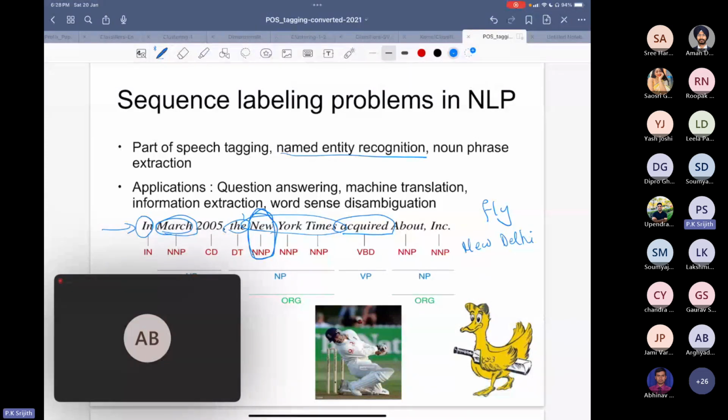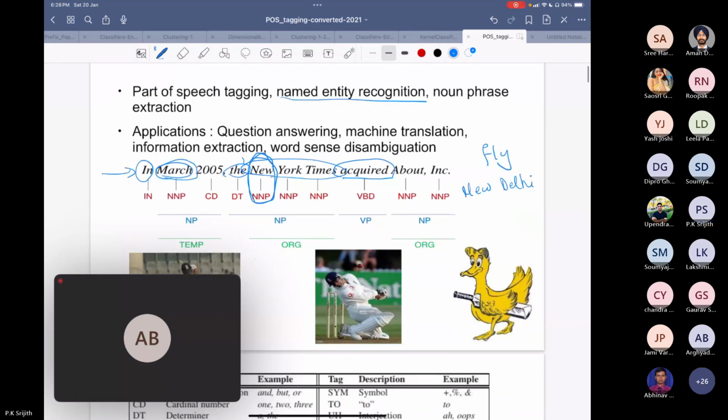It takes into account the context in which this word is in order to predict the label of a word. And that is how it is different from simple classification. So we will look into this in more detail, but this is the basic context of what we are going to look at in today's class.